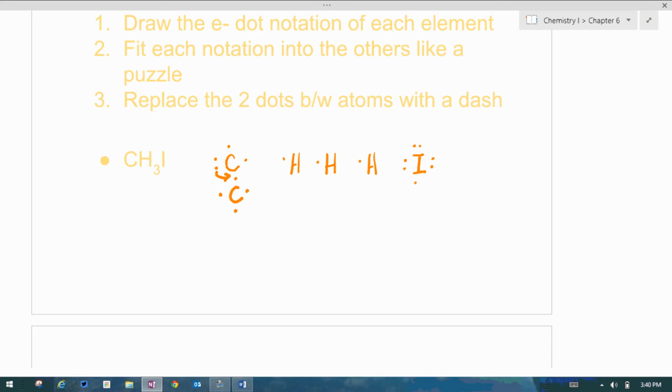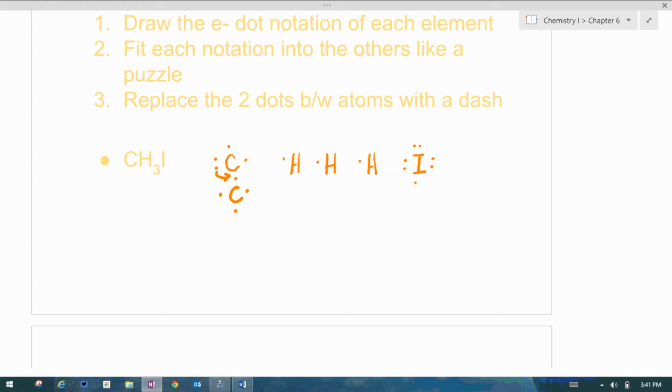Each hydrogen only has 1 empty space because it just has 1 dot. Iodine over here has 1 empty space. So carbon can fit 4 puzzle pieces into itself. Hydrogens can fit 1 puzzle piece into itself, and iodine can fit 1 puzzle piece into itself.